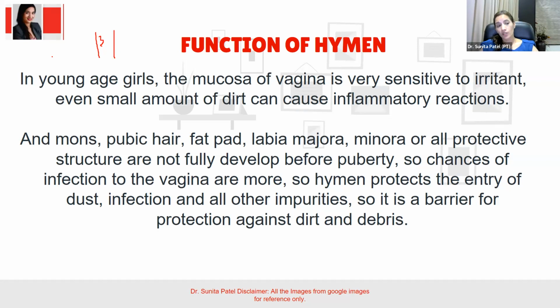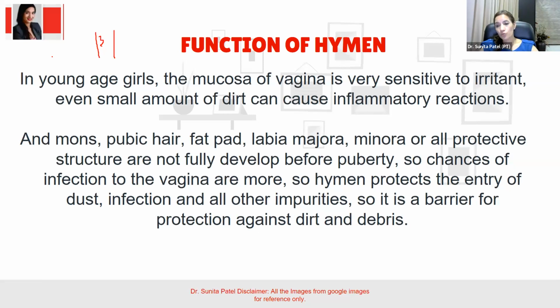So before puberty, the mons pubis, pubic hair, fat pad, labia majora, minora, and all these external structures, the vulva, were not fully developed. So the chances of infection around the vagina are higher. So we don't want our vaginal canal to get infected.